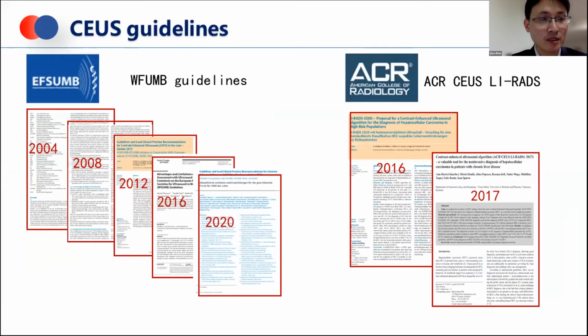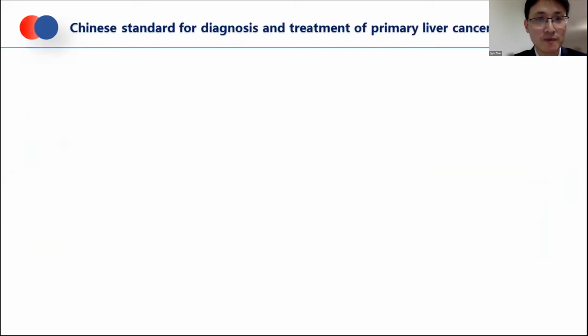WFUMB since 2004 has provided 5 editions for CEUS guidelines, and ACR also provides 2 editions of CEUS LI-RADS for clinical diagnosis. These guidelines introduce much information for correctly using CEUS.